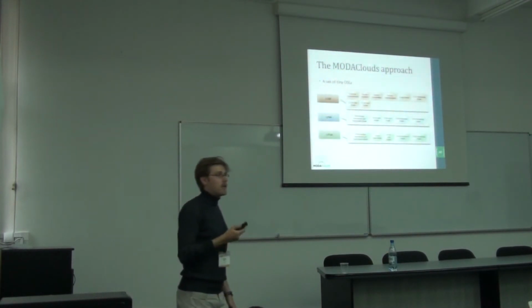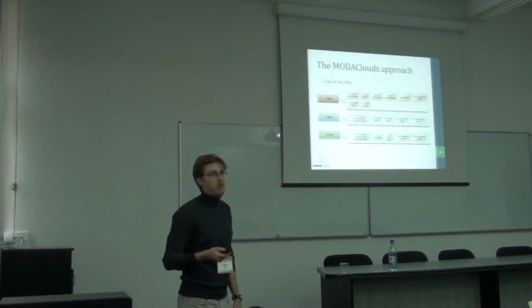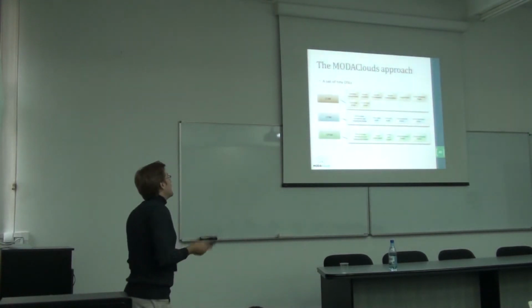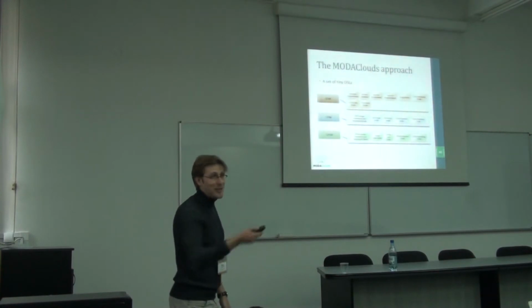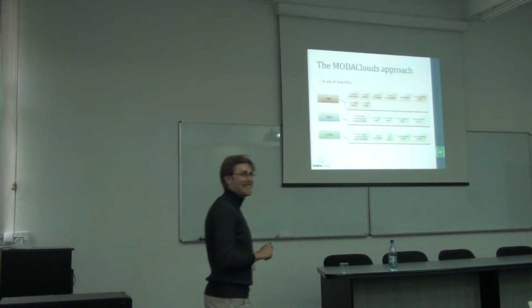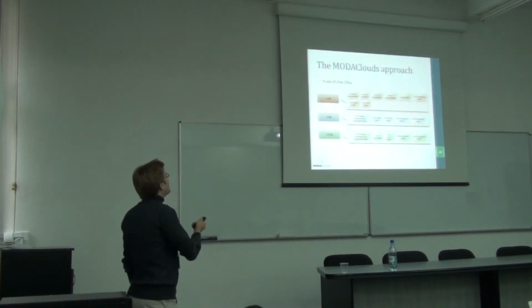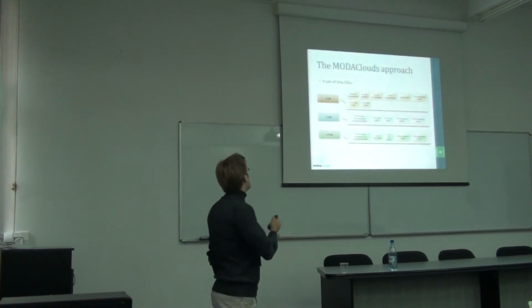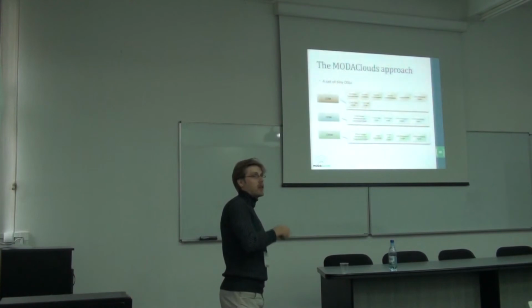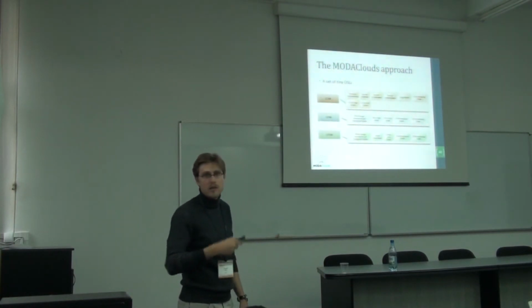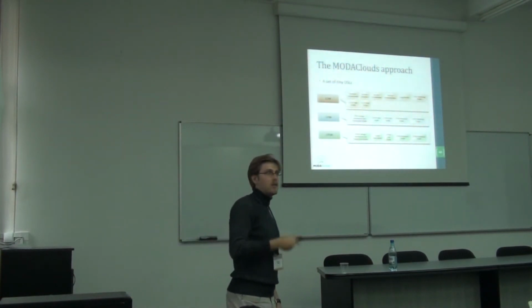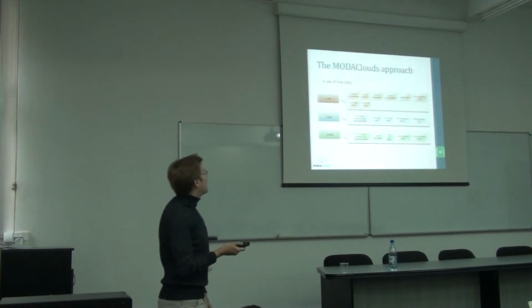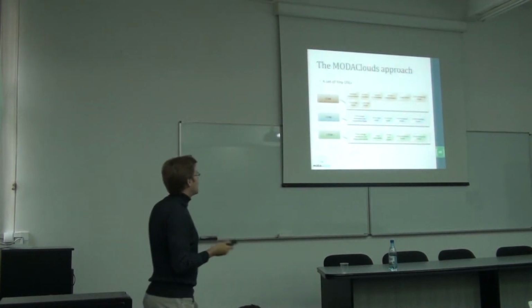So basically MODACloud ML, the MODACloud modeling language, is composed of a set of models at the various levels of abstraction. At the CCIM level, we have models which target domains such as describing the architecture of your application, describing the type of data that your application is going to use, the usage of your application, and so on.